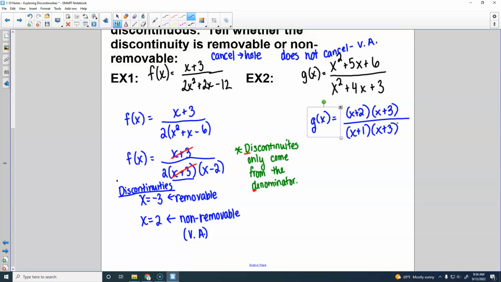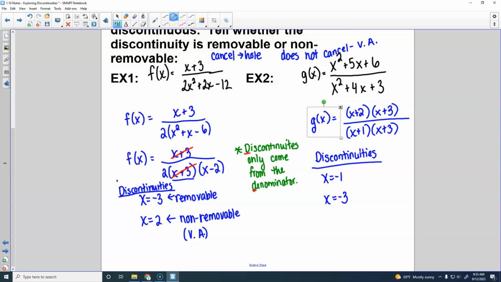So remember, only look at the denominator. My discontinuities are going to be from the denominator: x equals -1 and x equals -3.